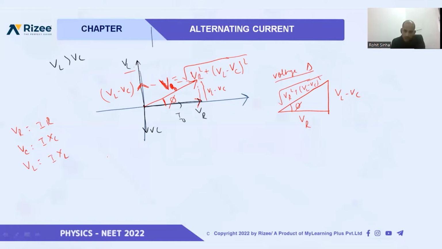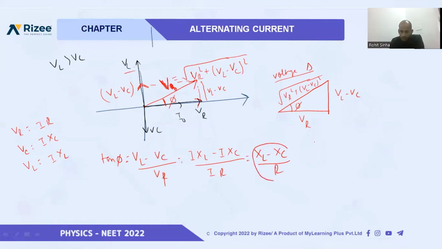I can write using tan phi. What will be the value of tan phi? Tan phi is equal to VL minus VC by VR. Putting the values, VL is I into XL minus I into XC, by I into R. We can take the common I from the numerator and cancel it with the denominator. What we get is XL minus XC by R.